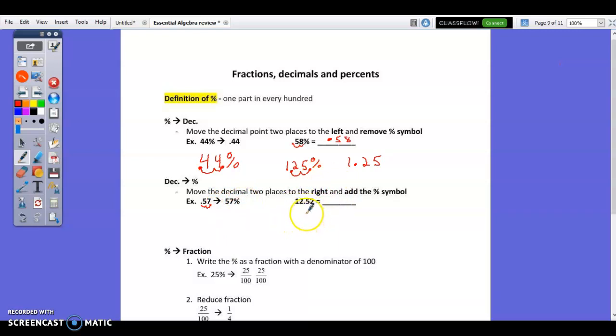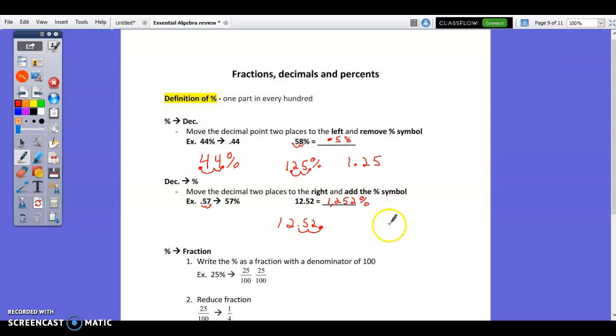If I want to move that to a percentage, I'm going to rewrite it here just so I have more space. I move it 2 spaces, 1, 2, put the decimal there. Then I have 1, 2, 5, 2, and then I'm going to add the percent symbol. All right, so that's 1,252%.